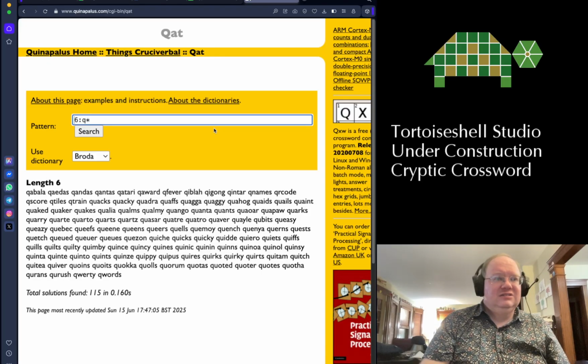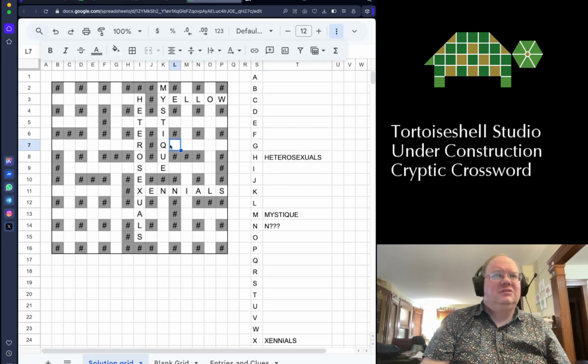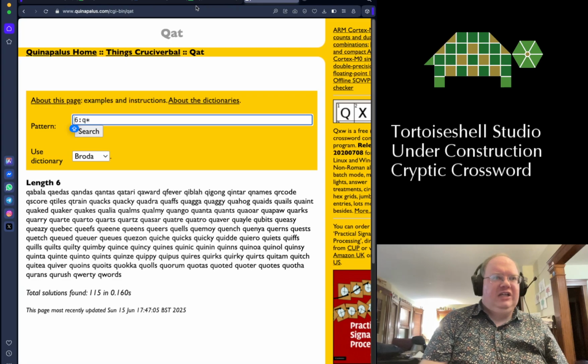Guaca... The way to get around this is to have something that goes QUE. So let's see. Quench. Queasy.